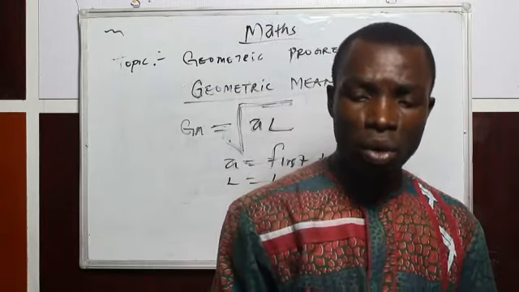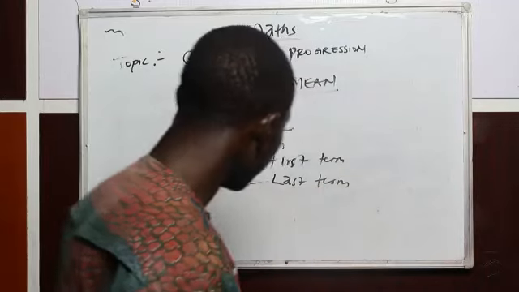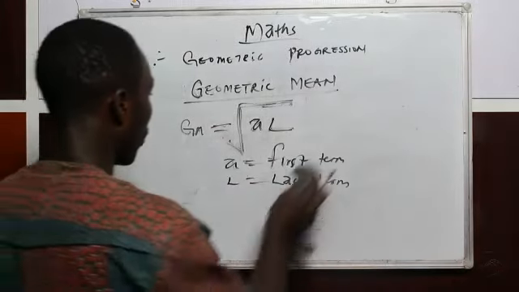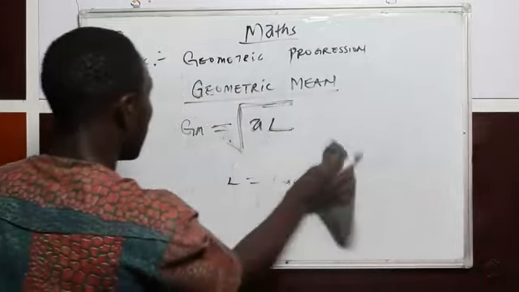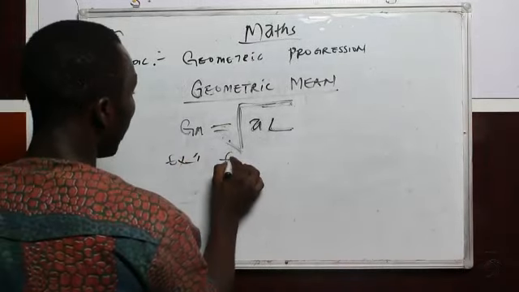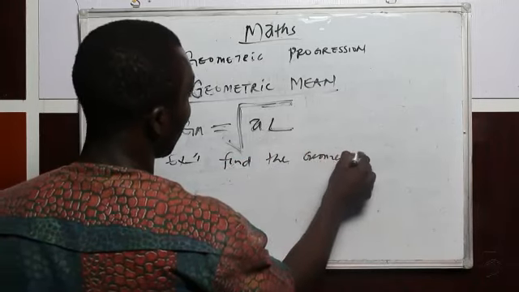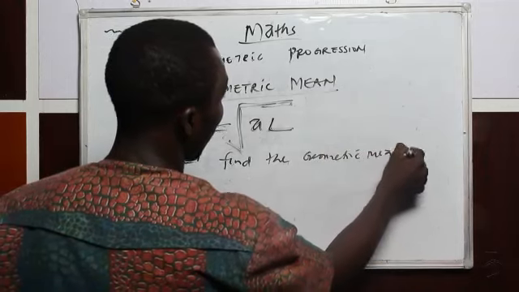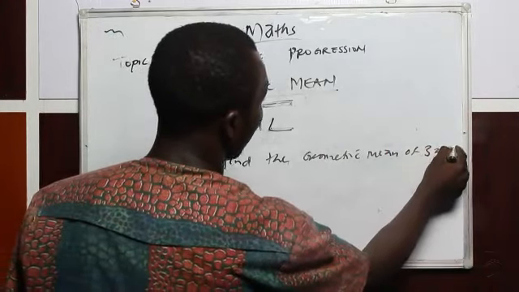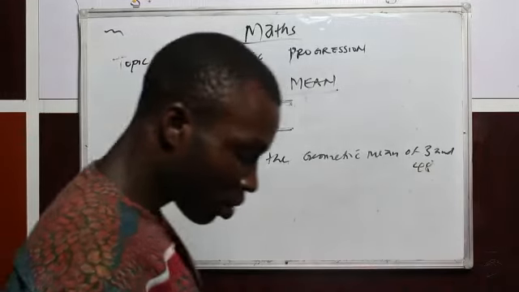Let's take, for example, find the geometric mean of 3 and 48. Example on geometric mean. I'd like you to be very inquisitive.